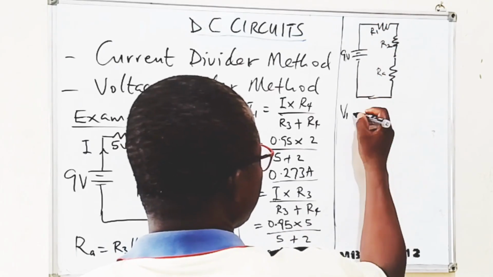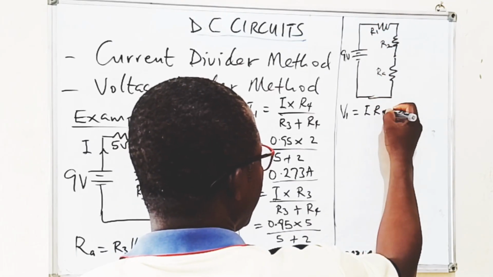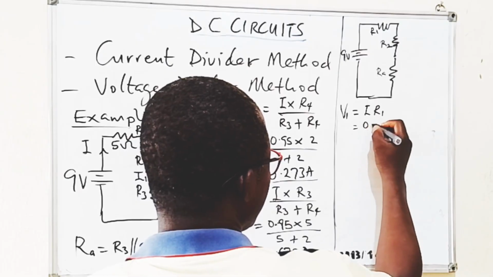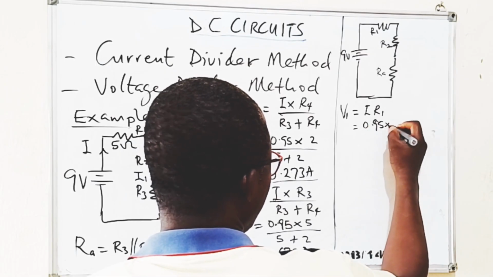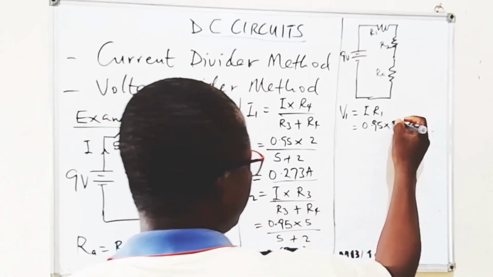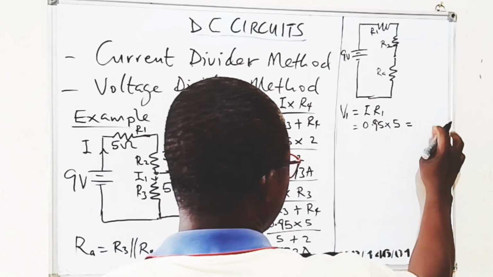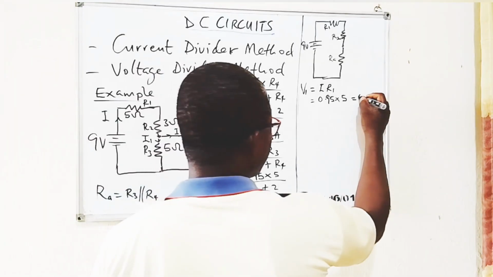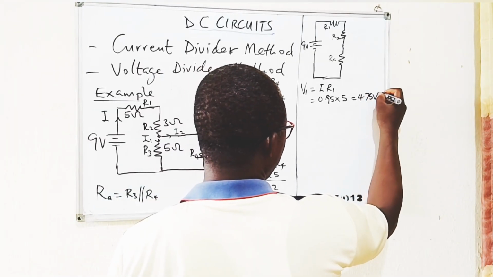The voltage drop across resistor R1, let's have that as V1, equals I times R1, and that is 0.95 multiplied by 5. That is 4.75 volts.